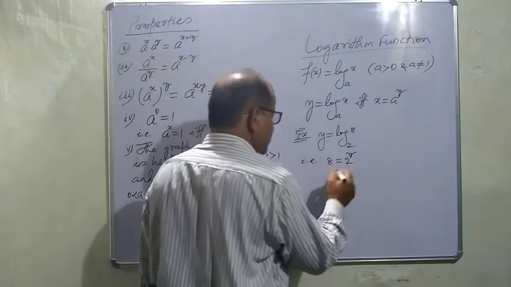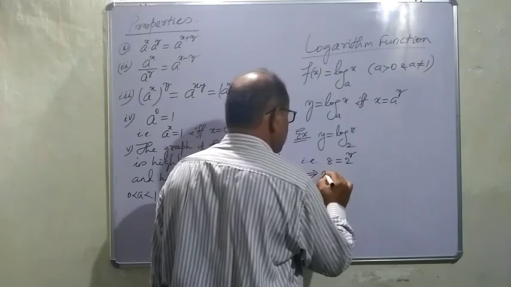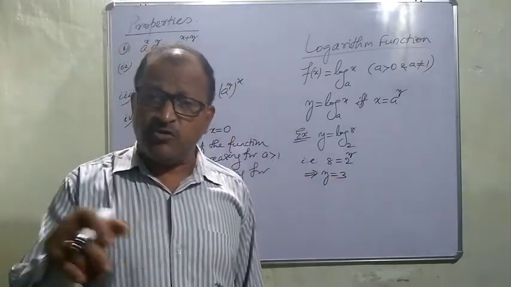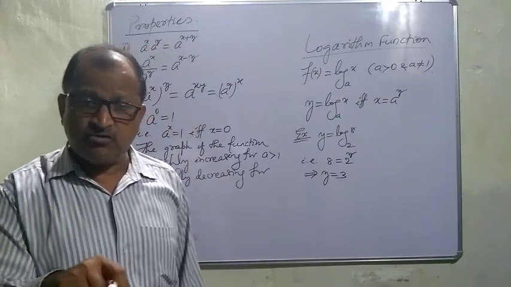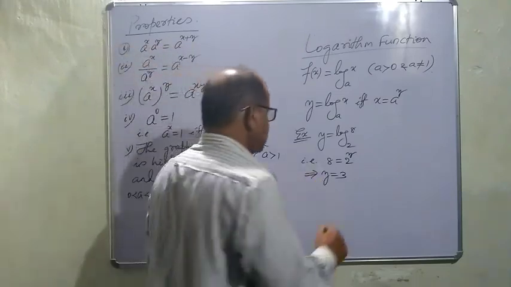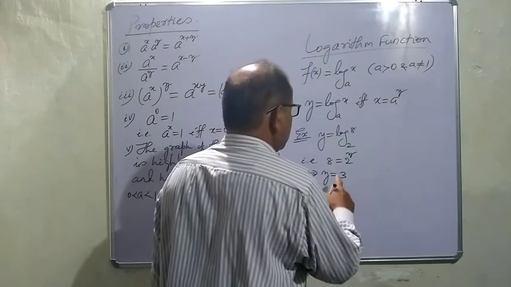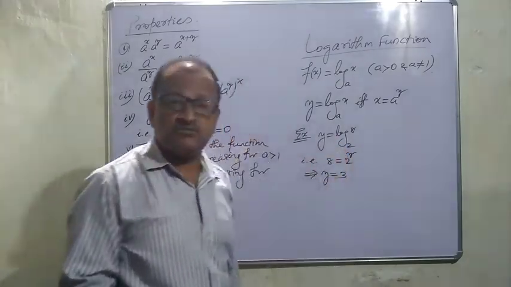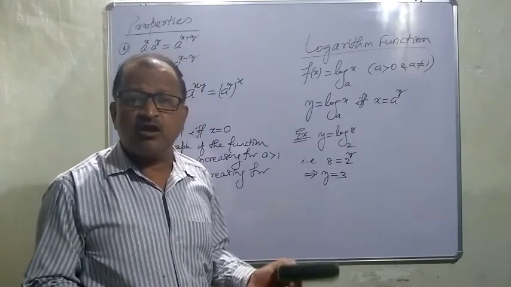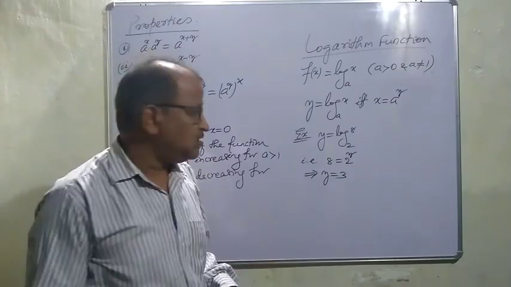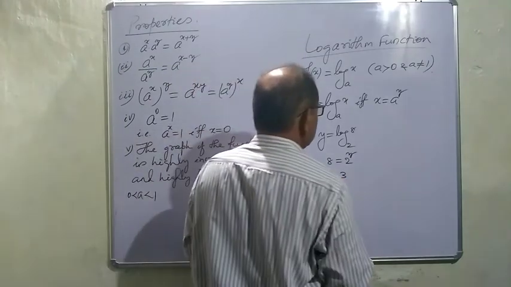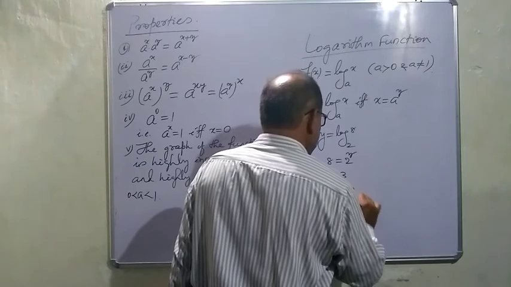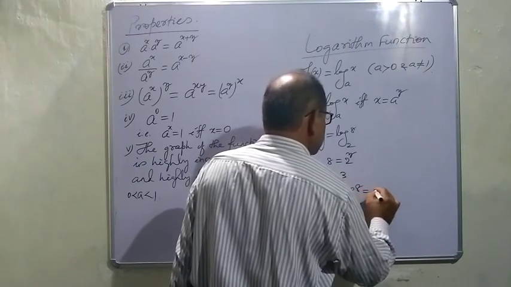That means what is y? This implies y is equal to 3, because 2 to the power 3 is equal to 8. So yes, log of 8 is equal to 3 when the base is 2. So this is how the logarithm function is defined. So log of 8 with base 2 is equal to 3.